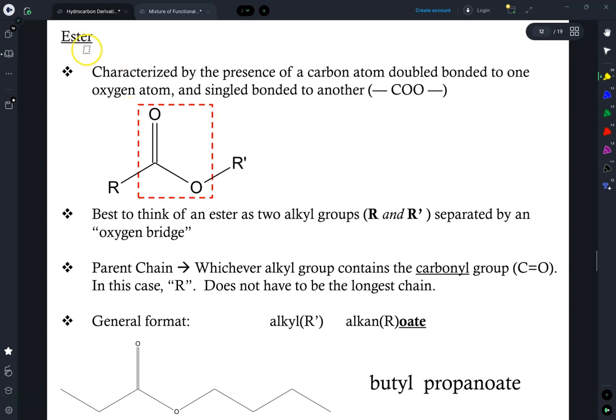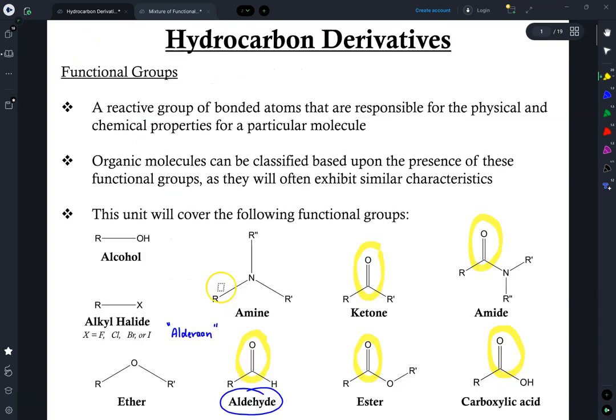When it comes to esters, they are the weird ones. The suffix change for all the functional groups that we covered so far make sense. Alcohol, so methanol, propanol, butanol, pentanol. Aldehyde, ethanal, propanal, butanal.